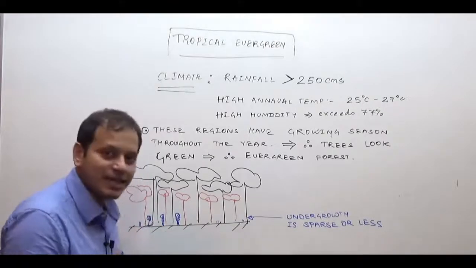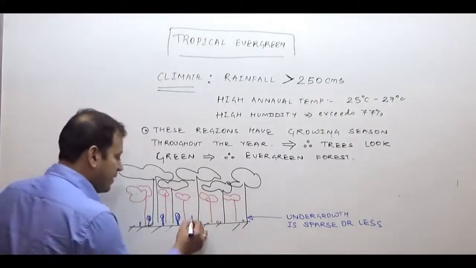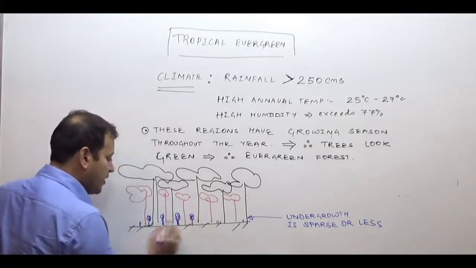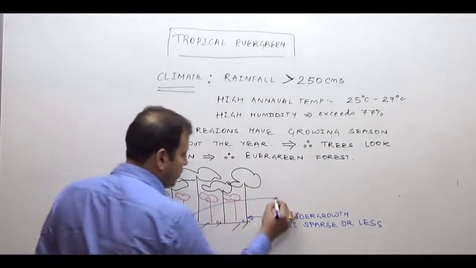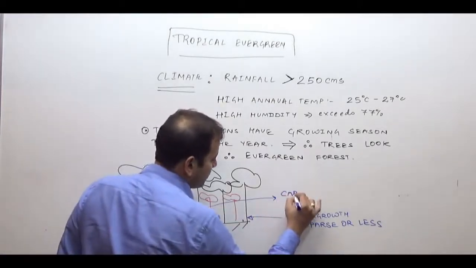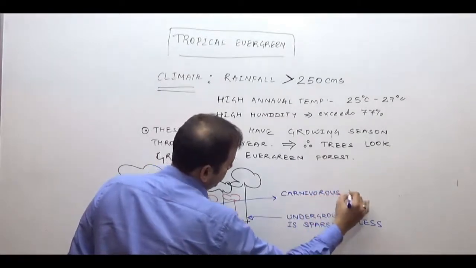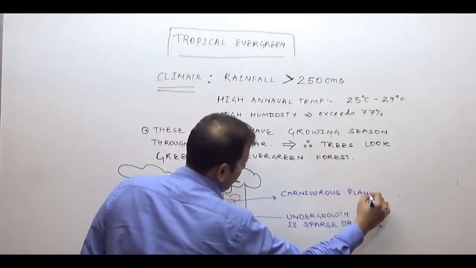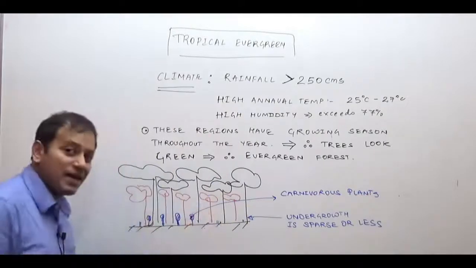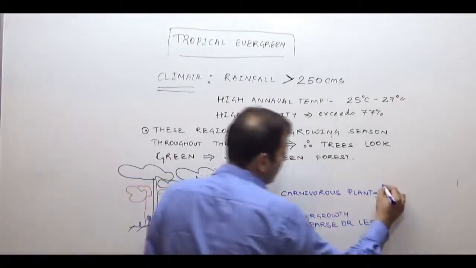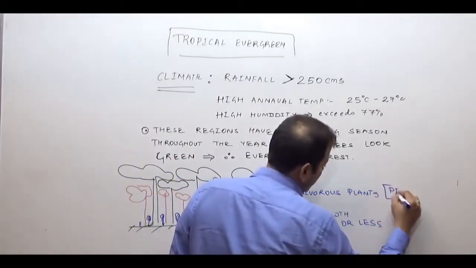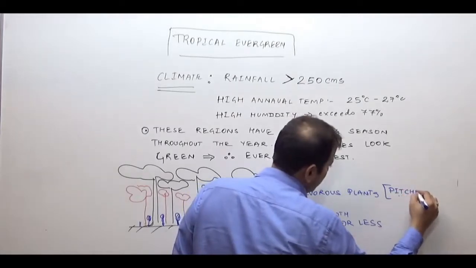They eat insects. They have become carnivorous plants. So here you will have the presence of carnivorous plants. The best example of a carnivorous plant is the pitcher plant.